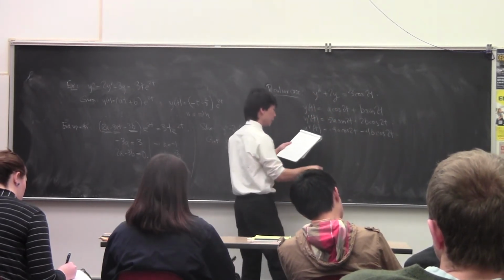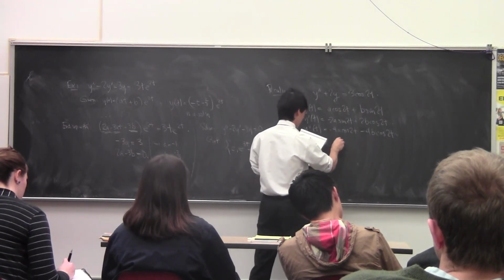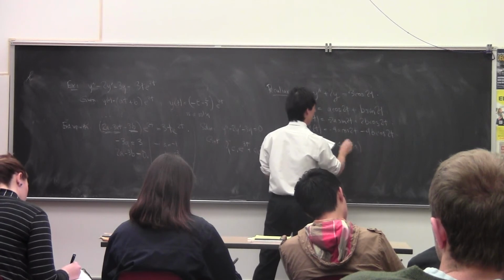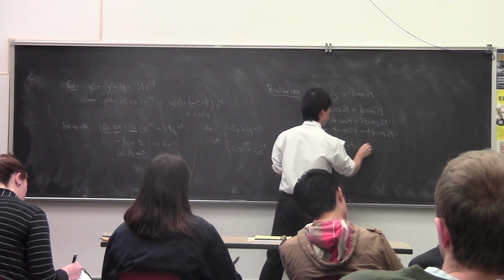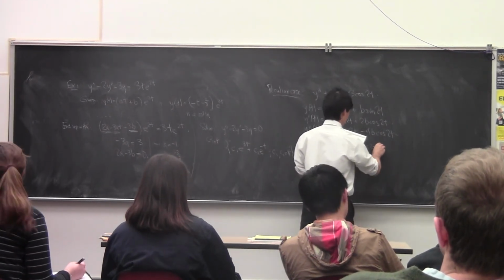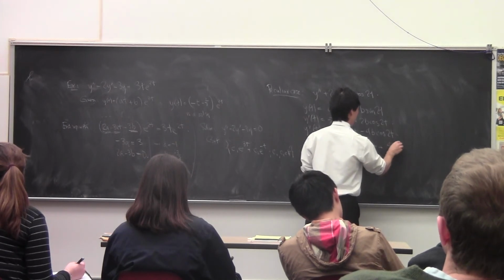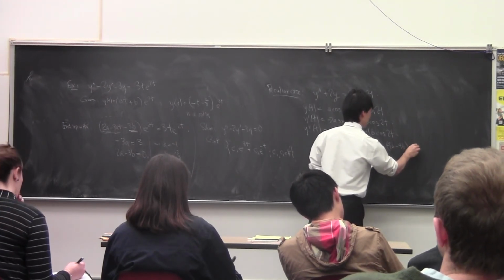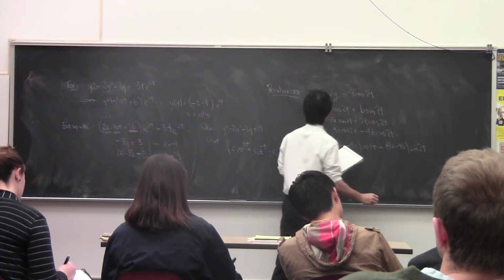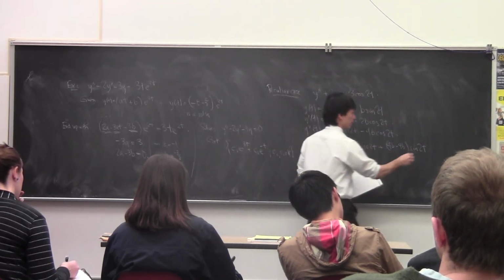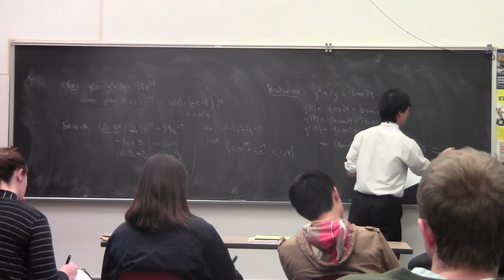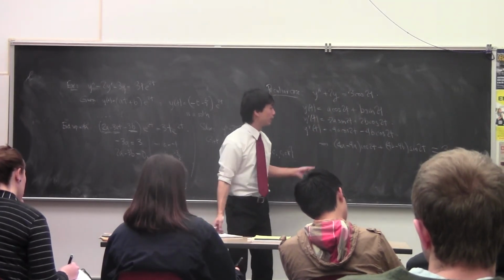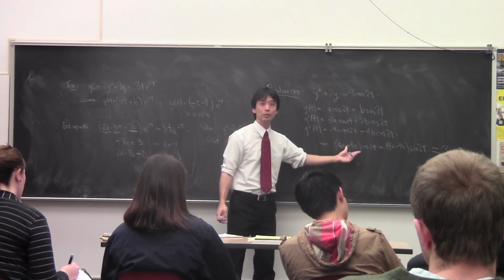Plug it back in, and you get 4a minus 4a cosine 2t plus 4b minus 4b sine 2t. And you're hoping that that is going to equal 3 cosine 2t. So you're looking for a and b for which this is true.